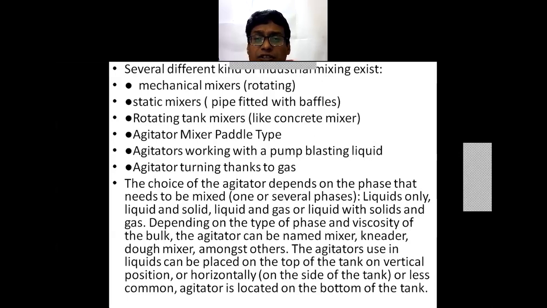Static mixers are fitted into pipes. A small section of the pipe is provided with a metallic structure, and the design inside the static mixer provides the turbulence. There is no movement of the metallic component itself.